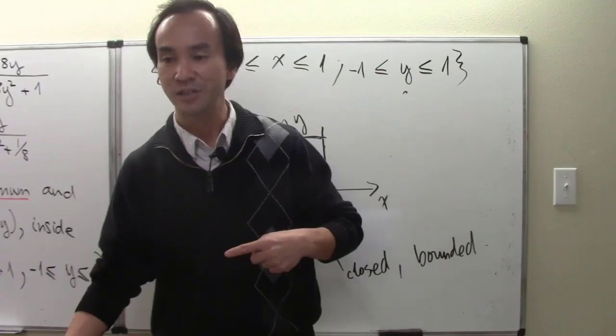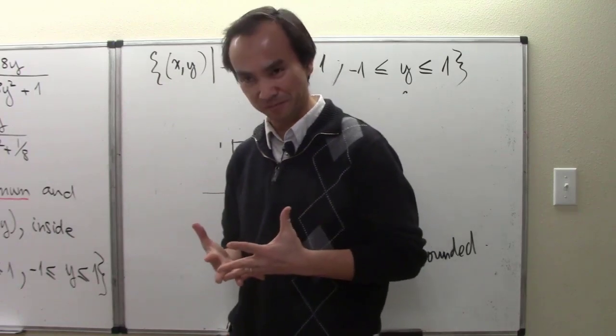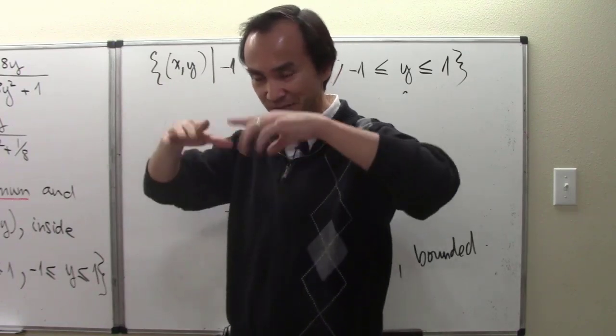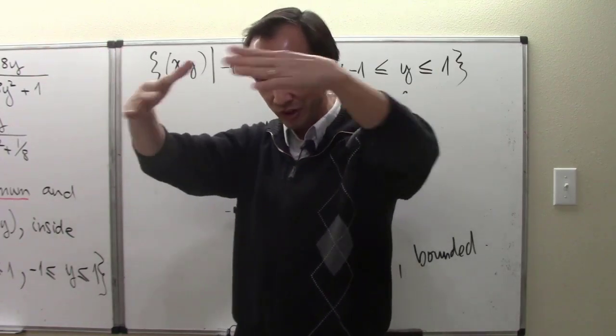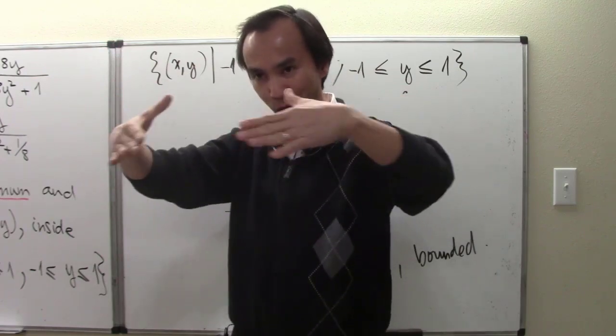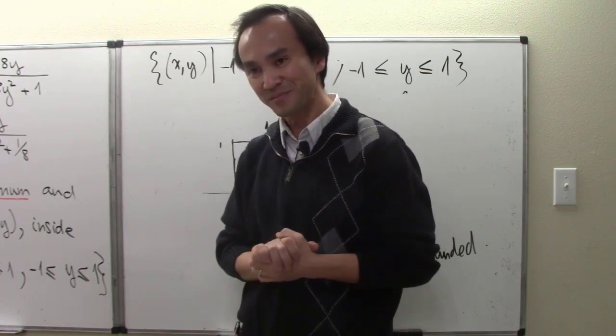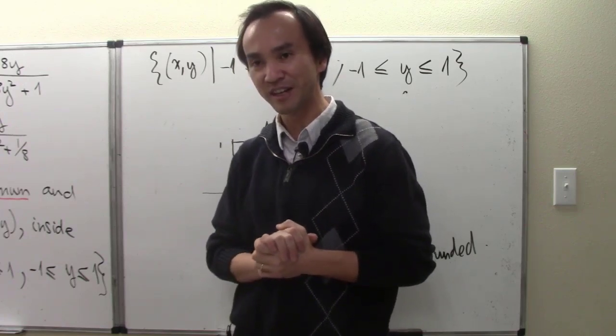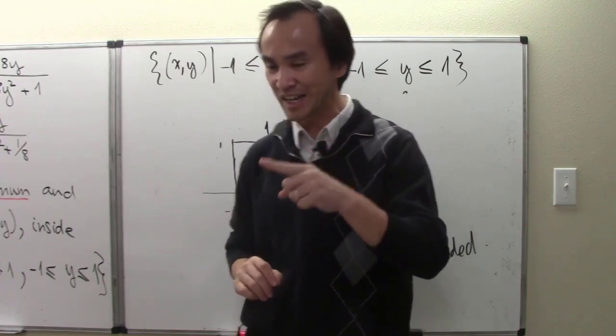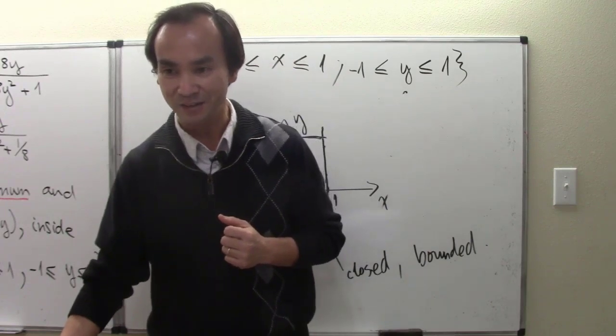So I gave a brief explanation that anytime you have a function, and we restrict ourselves into a closed and bounded domain, we should be able to find an absolute maximum and an absolute minimum. And that's what leads to the following understanding.